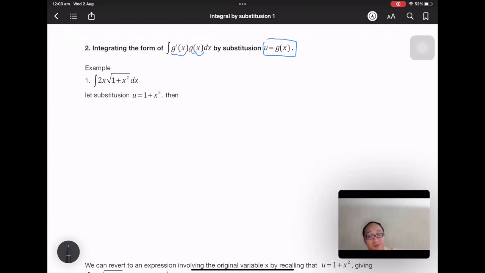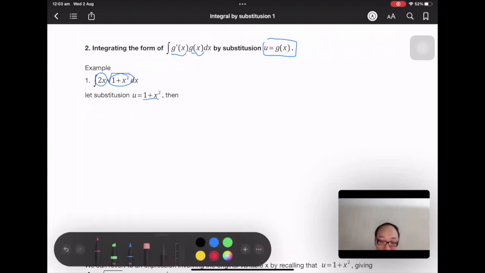Yeah, the function itself should be substituted into u. Example, 2x square root of 1 plus x squared dx. We can see that 2x is the derivative of 1 plus x squared. So that means the one that we substitute is 1 plus x squared.